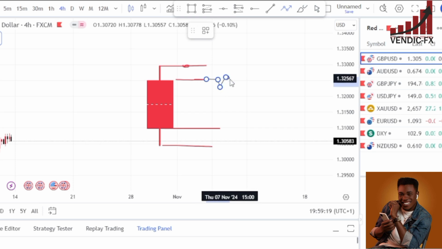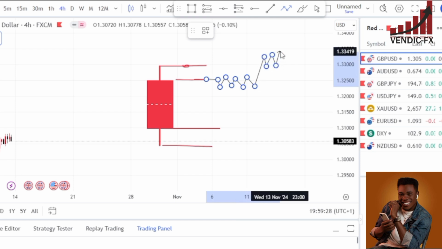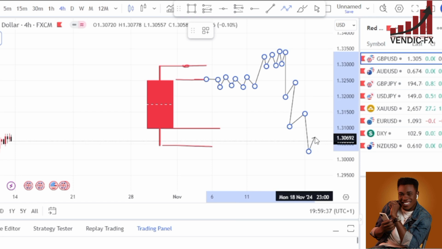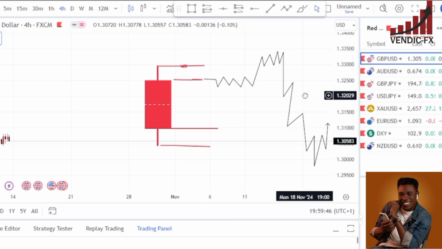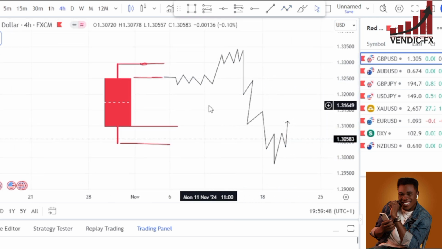We will have some form of accumulation, then we expand towards the upside, and then we break down, something like this. I'm not too good with my drawing. Then we later came back and formed the close of the day.